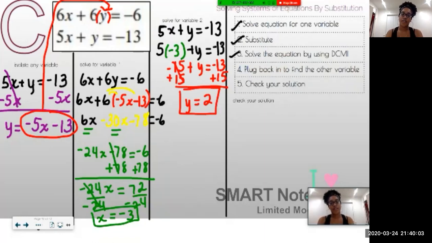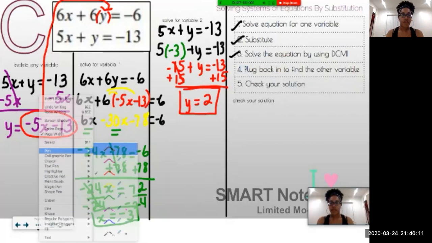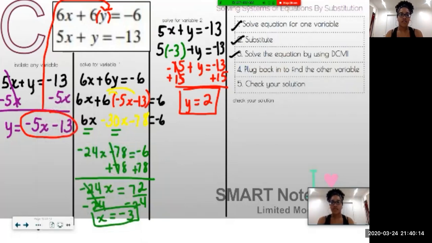Lastly, I need to check my solution to make sure that it makes sense. So I'm going to take any one of these equations. I'll use the first one again. 6x plus 6y equals negative 6. And my goal is when I substitute in, I get an answer that makes sense.